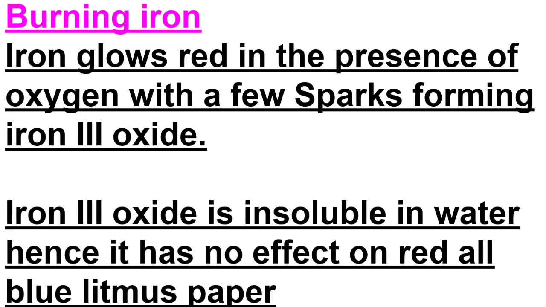Let us move on now to burning of iron. Iron does not really burn, but it glows red in the presence of oxygen, forming a few sparks, forming iron 3 oxide. Iron 3 oxide is insoluble in water, and hence it has no effect on red or blue litmus paper.